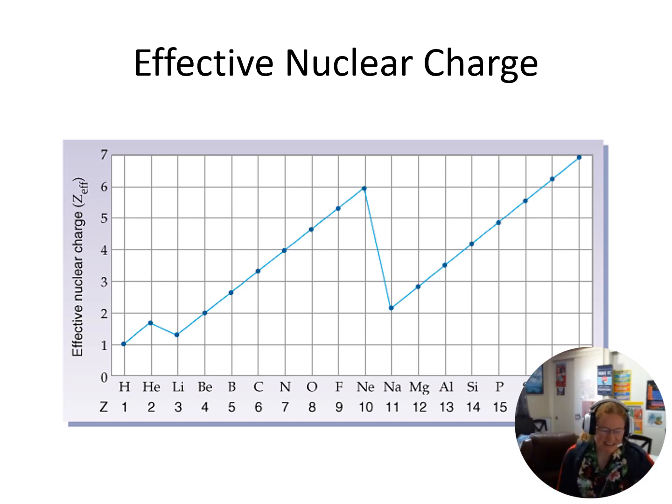So let's think about this for a second. I'm showing that we've got a higher effective nuclear charge at fluorine than I do at lithium. So which one's bigger, lithium or fluorine?